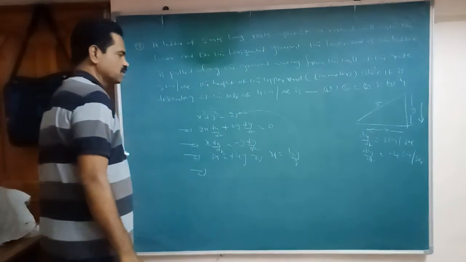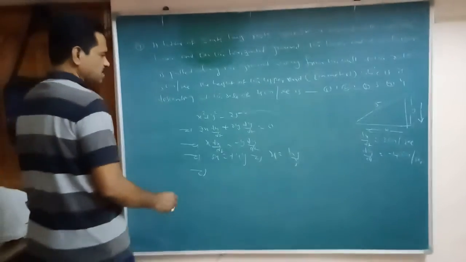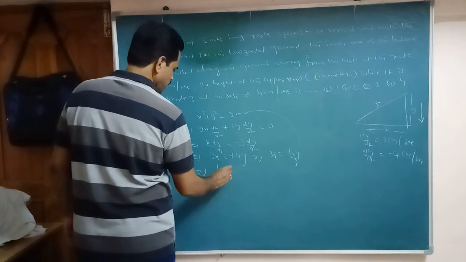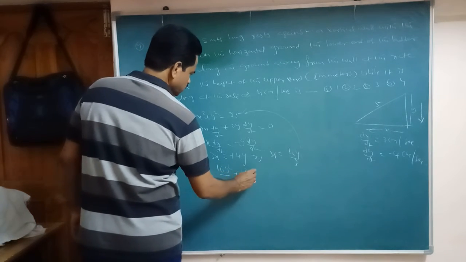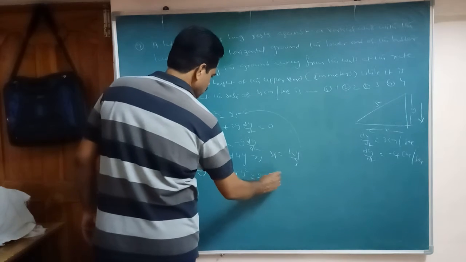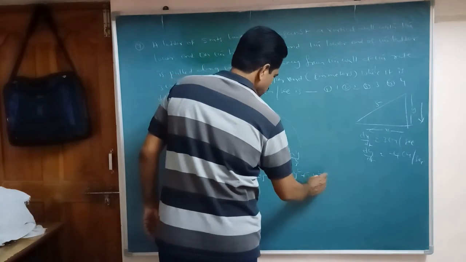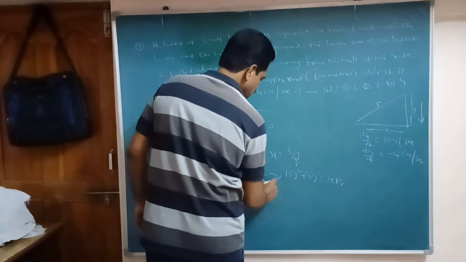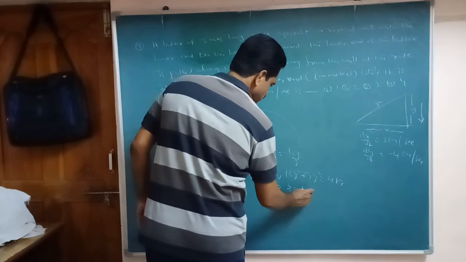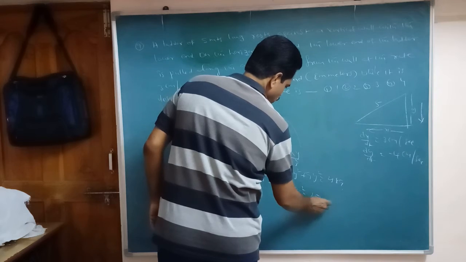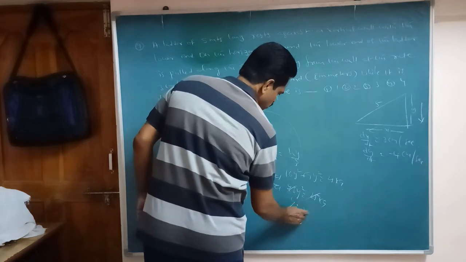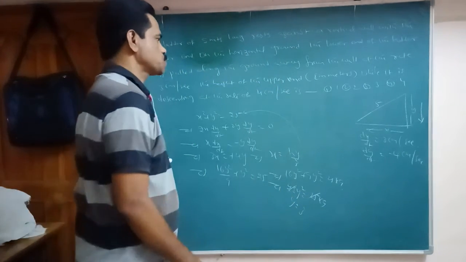Substitute here, that is 16y square by 9 plus y square equal to 25. That is 16y square plus 9y square equal to 25 into 9. That is 25y square equal to 25 into 9. 25 cancel. Y is how much here? 3. Third option.